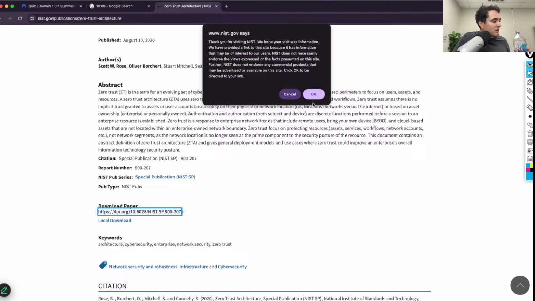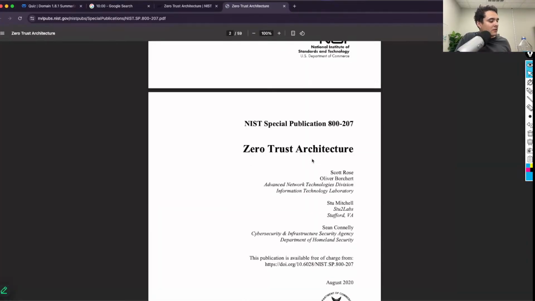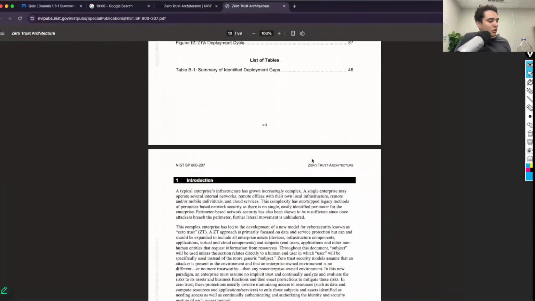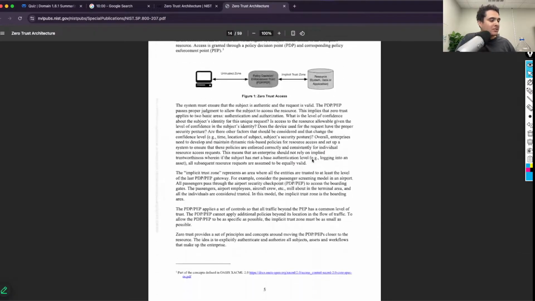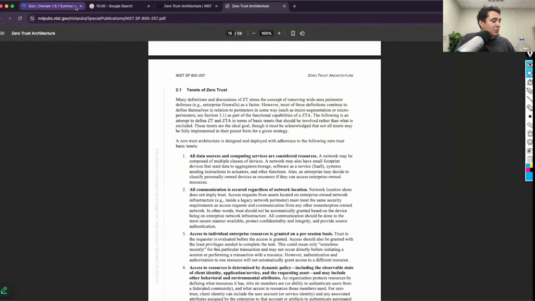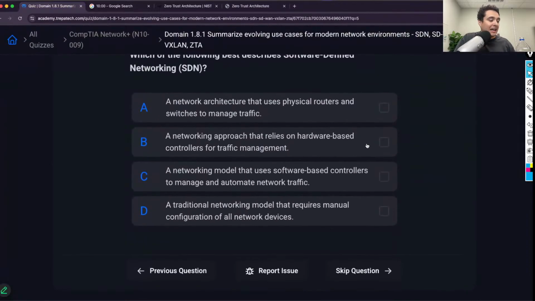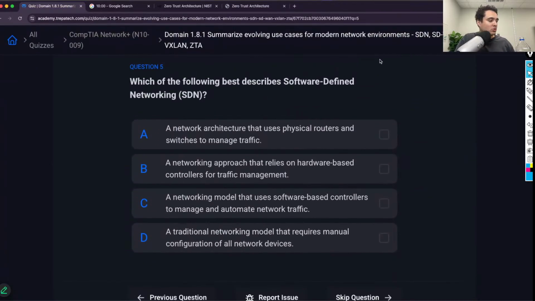If you go read this, if you're a cybersecurity professional, or I know it's Network Plus, but if you want to be like, I know Zero Trust like the back of my hand, and you go to an interview and you read this, you read some of these other NIST frameworks, you're pretty good, right? That's the holy Bible of Zero Trust.